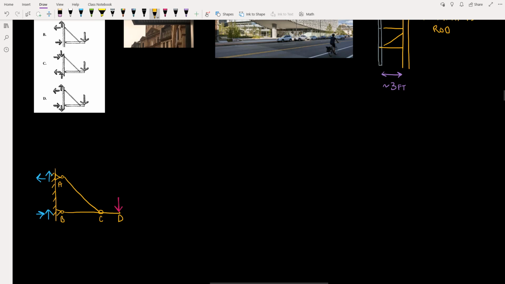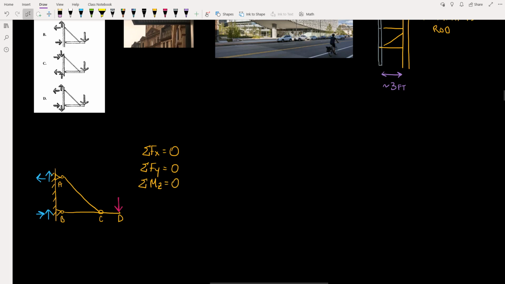We have, of course, our static equilibrium equations: sum of forces in the x, sum of forces in the y, and sum of moments about the z-axis.